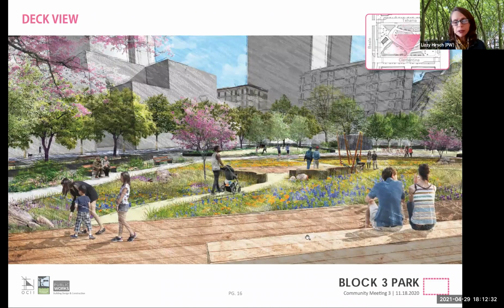And this is from the upper deck looking west. So you see the lower deck in the meadow with some seating along there. And in the distance, you can see the Stewardship Building, which anchors the edge on Beale that we'll talk more about as we progress. And then the playground location here at the corner, not yet determined.